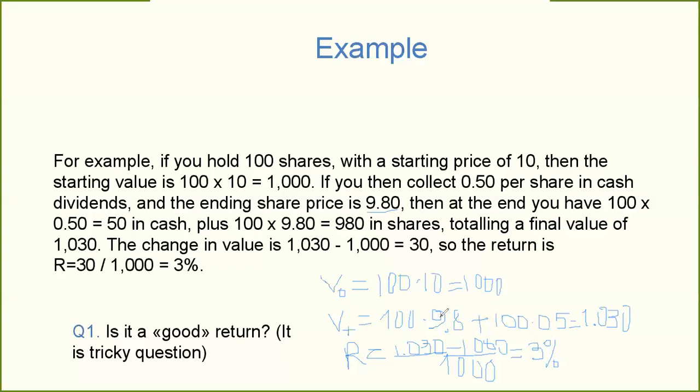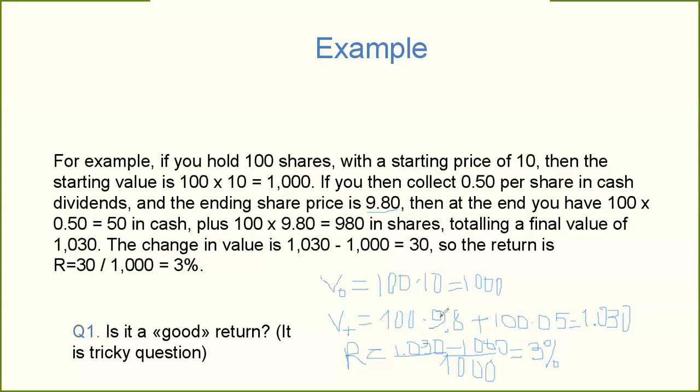What do you mean? Maybe you mean that you would like to compare with the interest rate in the bank, yes? Yes, with more safe alternatives, with more risky, yeah.